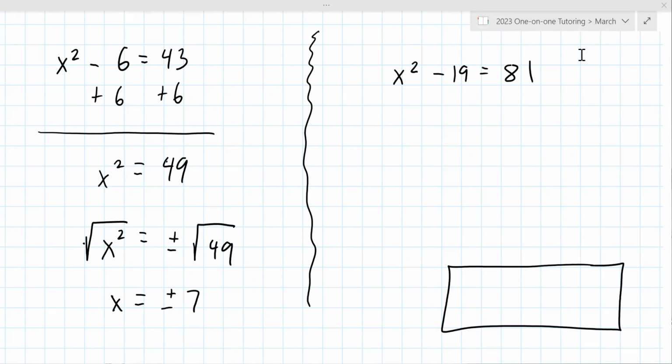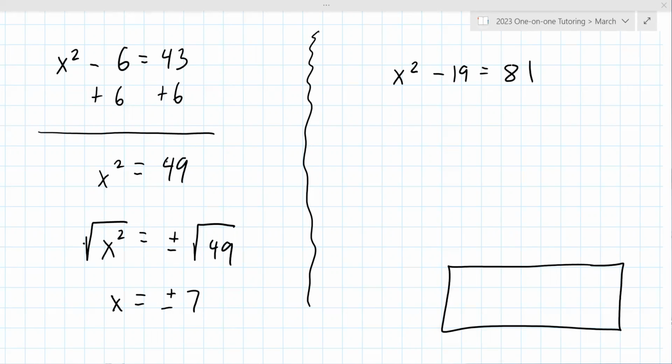I want you to work through this on your own. If you have questions, ask. Yes, you do add 19 to both sides of the equation. So then you get 586.